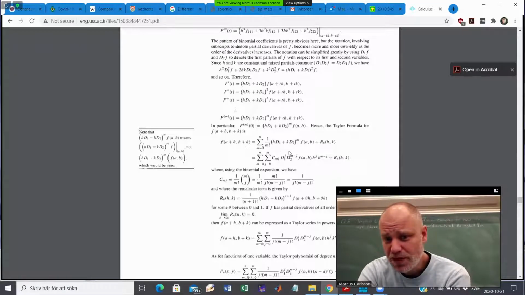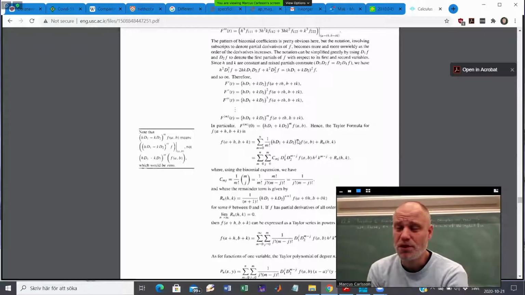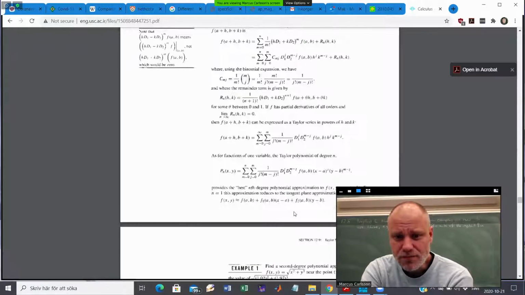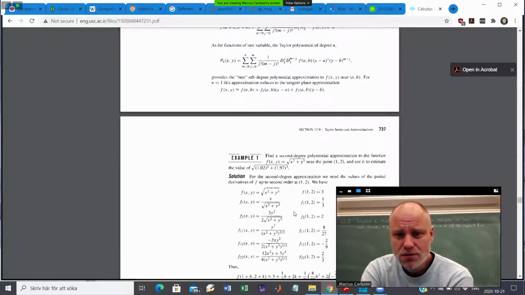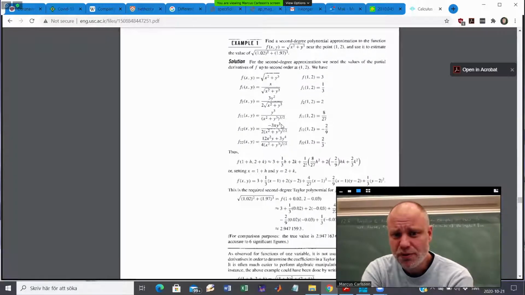Then if you want to expand this, you get a very ugly expression, which with summation notation looks like this. But to expand this, you need to know the binomial theorem, which we also revisited, right? So in terms of exercises, you should be able to compute these ones.